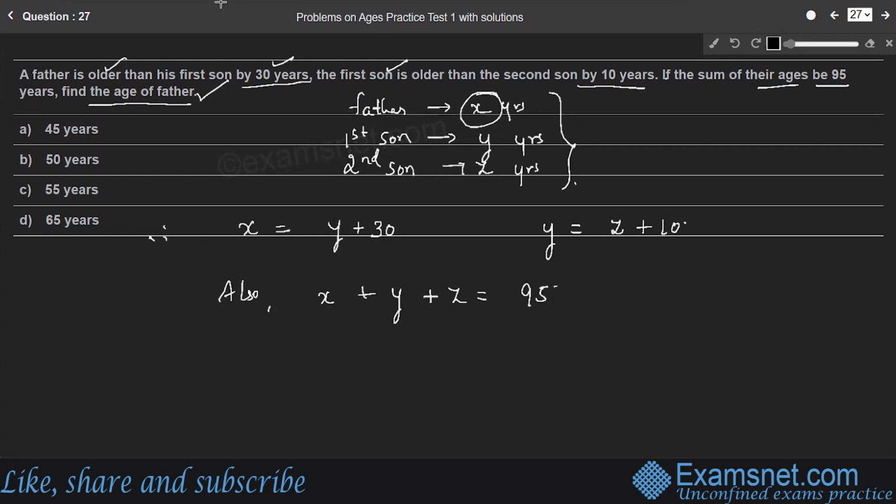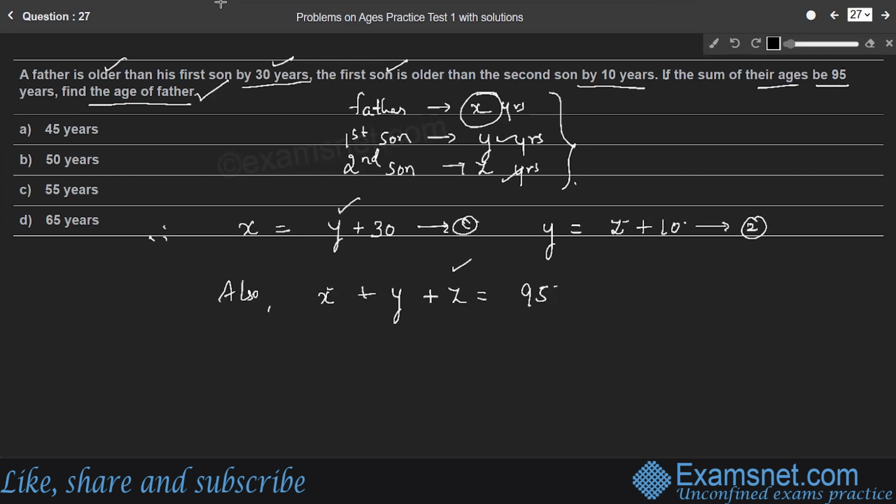Therefore, we have to express Y and Z in terms of X. Or you can express X and Z in terms of Y. Later, you can substitute the value of Y either in equation 1 or 2. In equation 2, if you substitute, you will get the value of Z. So any method you can follow.